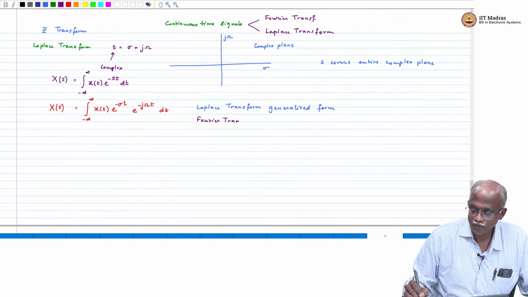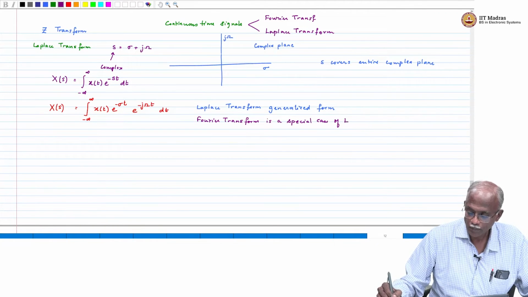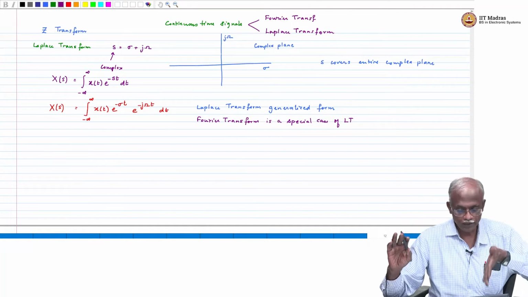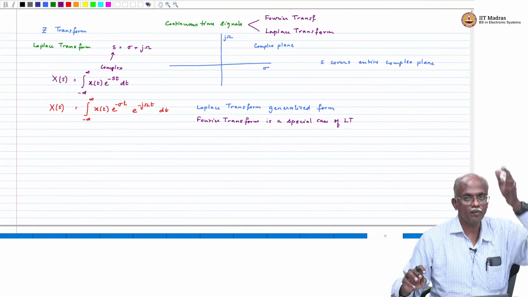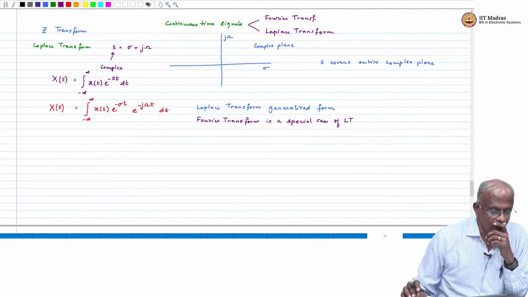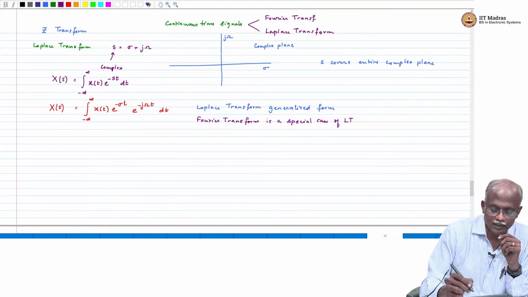The Fourier transform is a special case of the Laplace transform, the case where sigma is set equal to 0. So, you get only the imaginary axis. And one more interesting result.